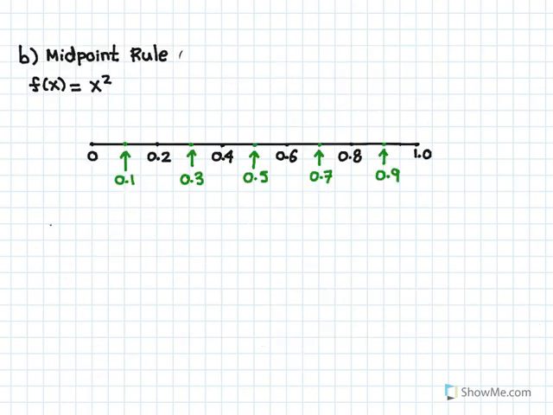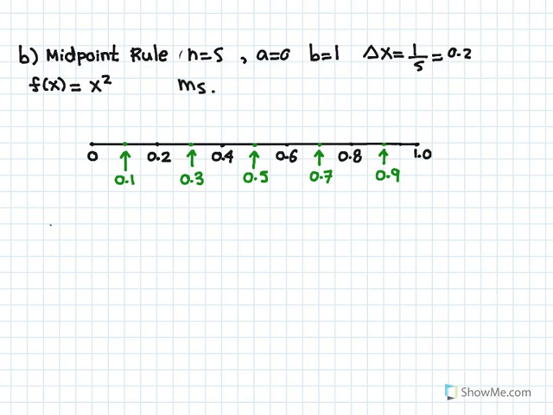All right, now let's look at the midpoint rule. So we have the same n. We have n equals 5, a is 0, b is 1, delta x is b minus a over n. That's the same, 1 over 5. That's 0.2. The function is f of x is x squared.